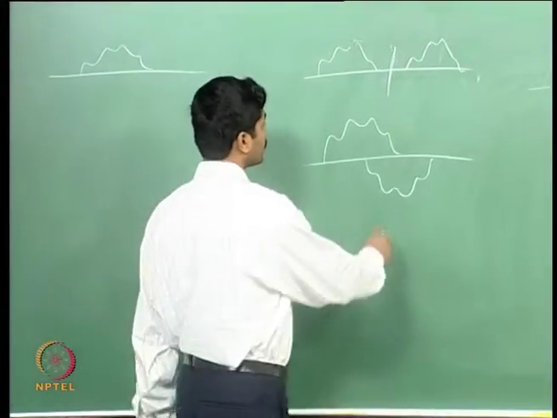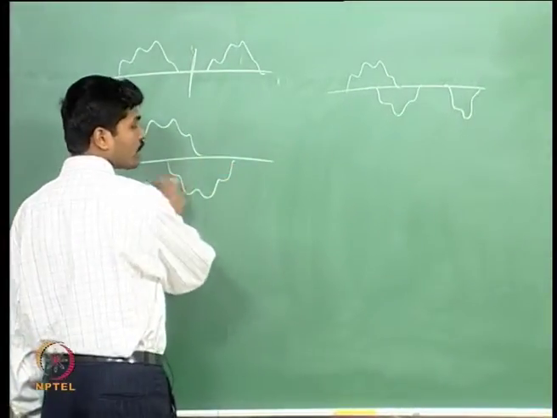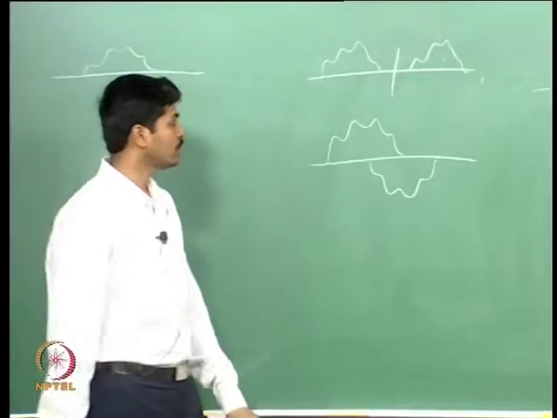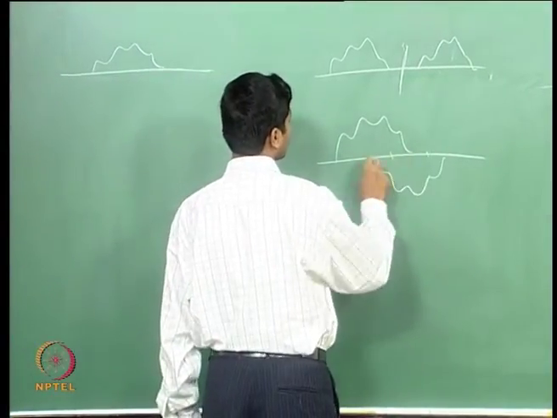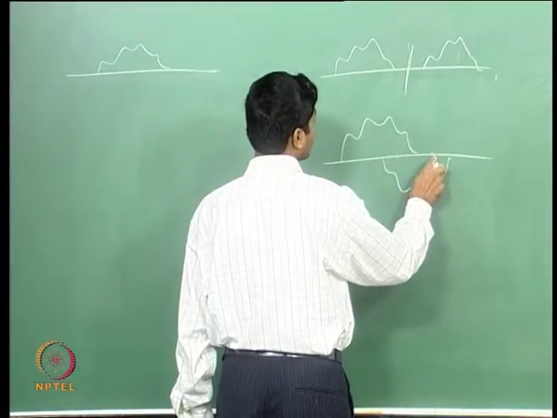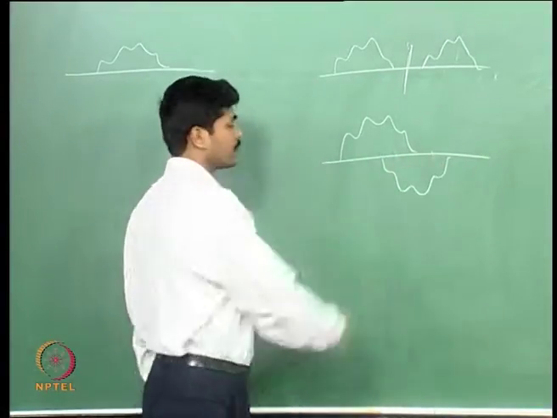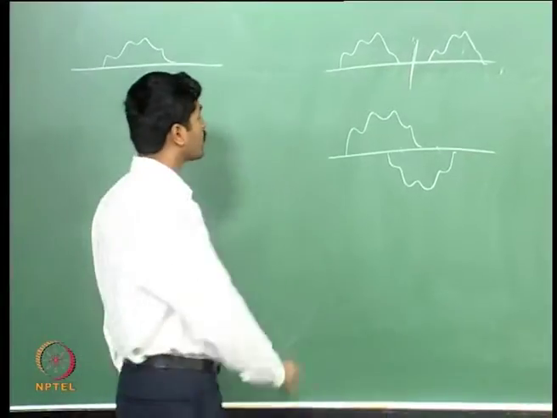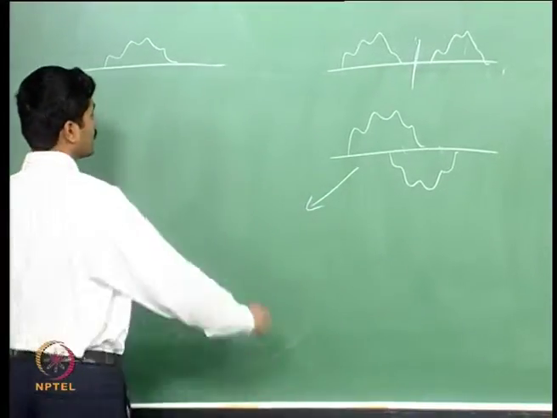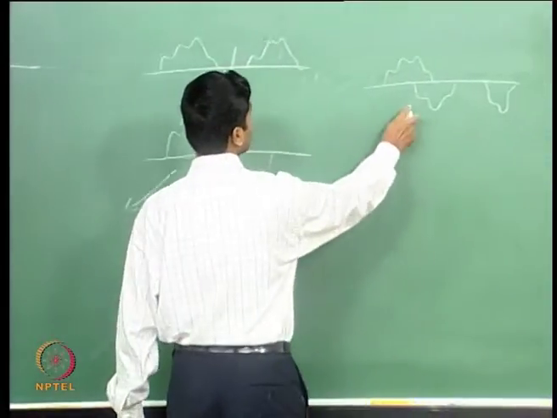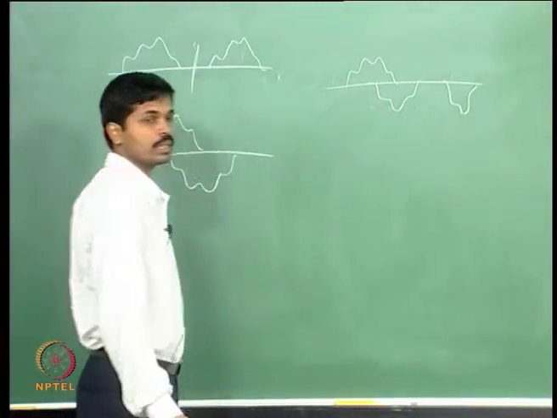Whereas here, if you remove any internal line, you cannot separate it into two separate diagrams. So, if you cut here or here or here, wherever you want to cut, you cannot separate it into two diagrams. Therefore, diagrams like this are known as one particle irreducible diagrams, whereas these are not irreducible, these are reducible.